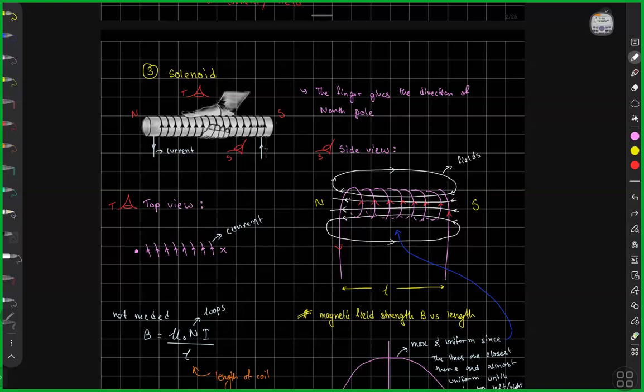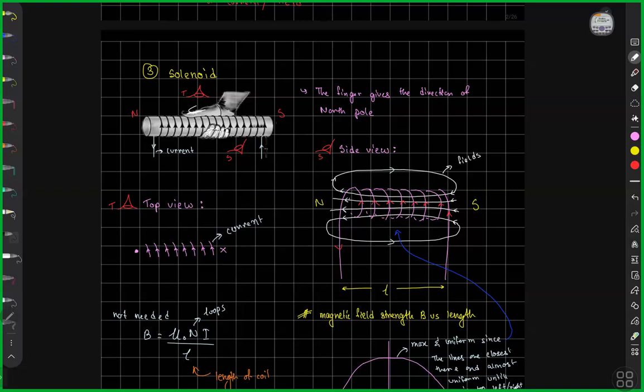Good. So this is how the field lines look. And when I wrap around my hand, this is how the field lines look. So my fingers show the direction of current, right? My fingers over here, index, middle finger, pinky, all of them show the direction of current, because these lines are the current direction, and my thumb shows the direction of magnetic field.